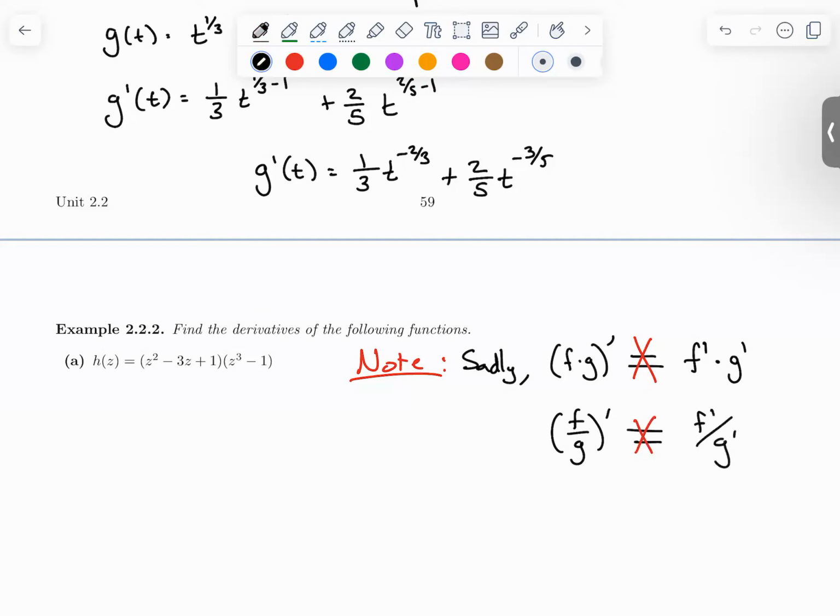If you do that on the exam, which is 3-4 weeks away, you'll get a 0 on that problem. So don't do that. It's not true, sadly. I wish it was, because that would be a lot simpler, but math isn't always nice. So we need to simplify first.